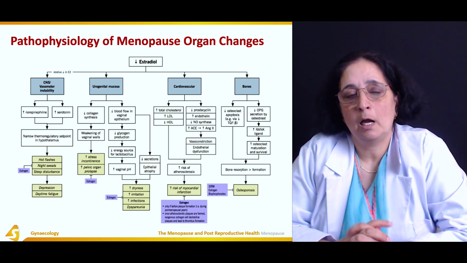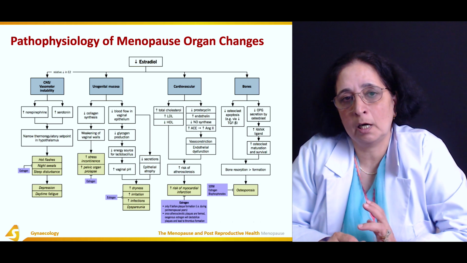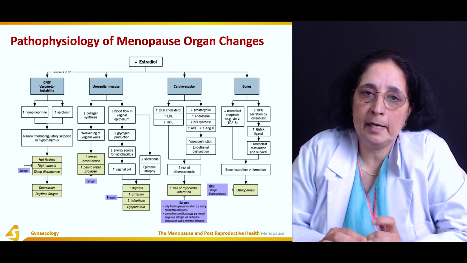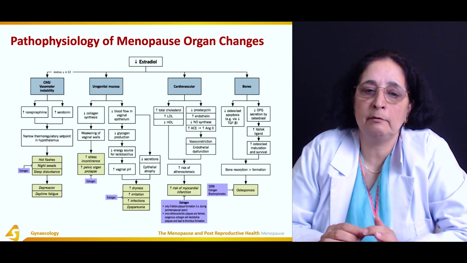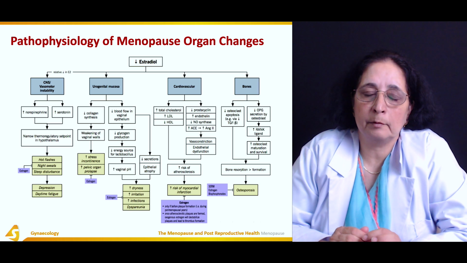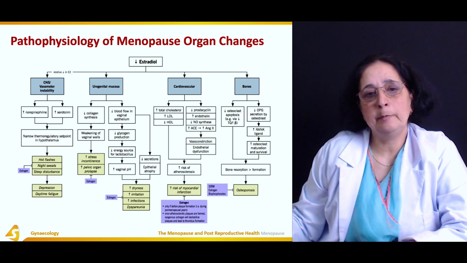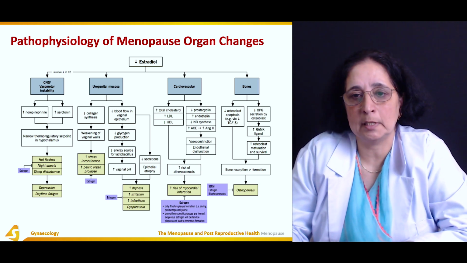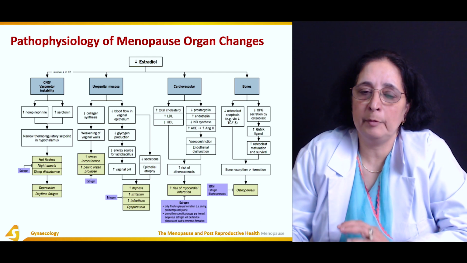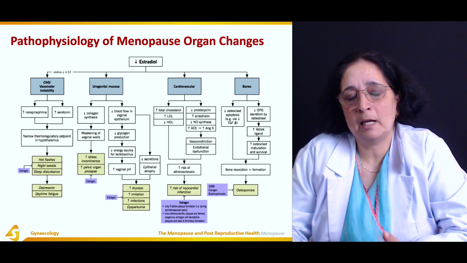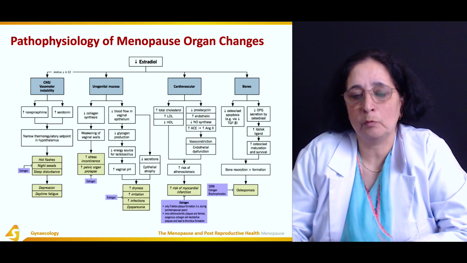Myocardial infarction in the heart, osteoporosis in bone, vaginal dryness, itching and irritation in the vagina, and hot flushes, sweating, depression and sleep disturbance in the central nervous system. So you can see that menopause has an adverse effect in a lot of cases. Different organs are affected, and it adversely affects the life of the female after the menopause.